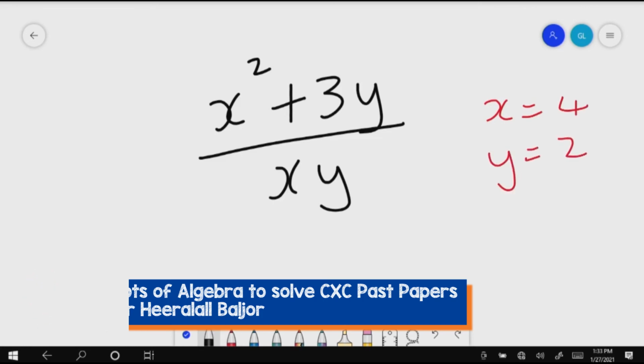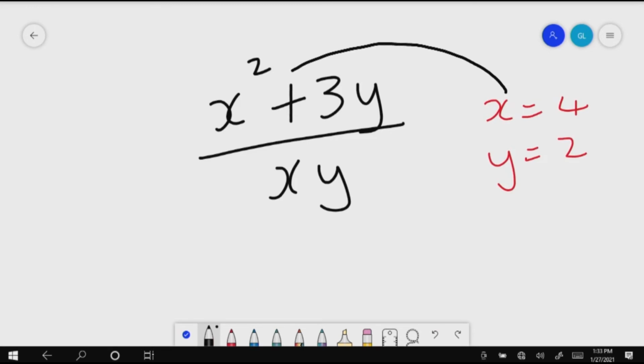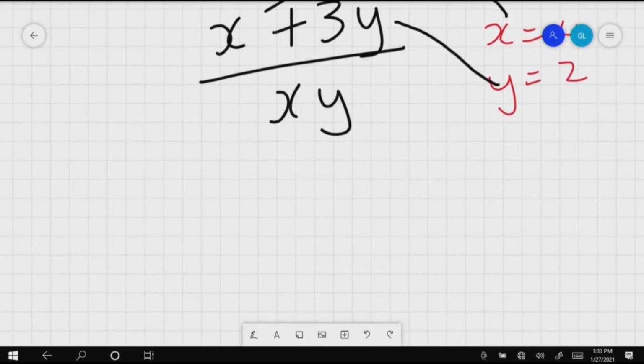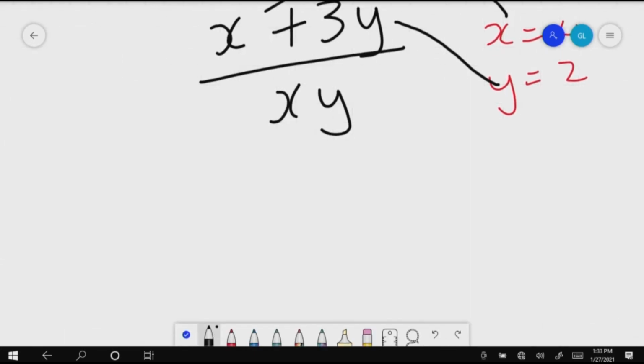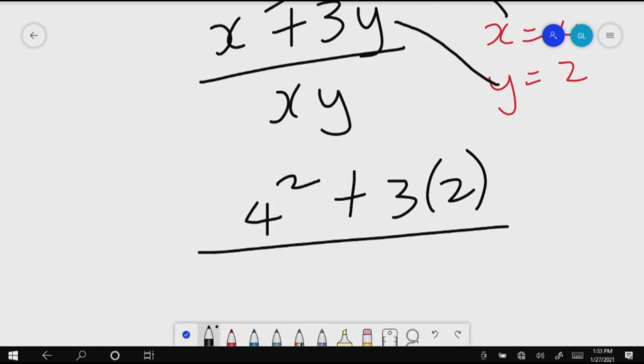So wherever we are seeing x, we're putting in 4, and wherever we see y, we're putting in 2 as the direct substitution. So if we were to substitute into this expression here, this would have given us 4 squared, the value of x, plus 3 of 2, the value of y, divided by 4 times 2.